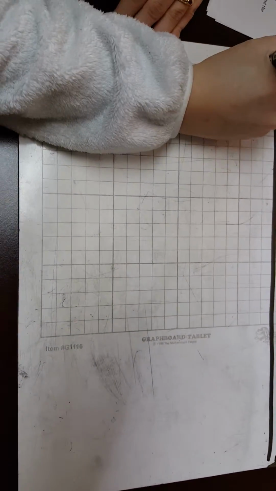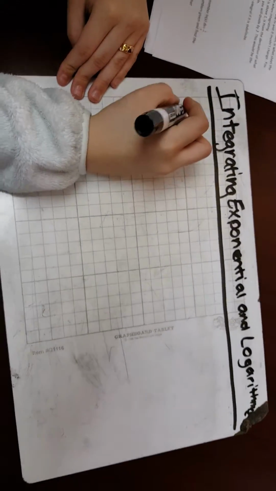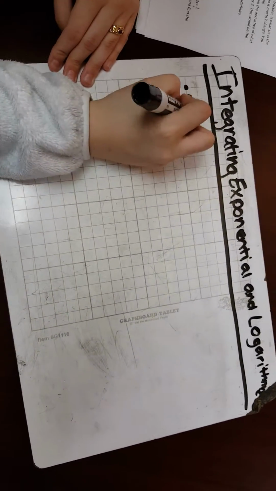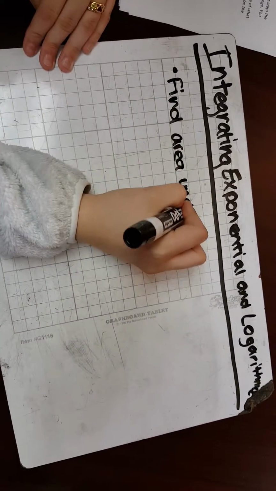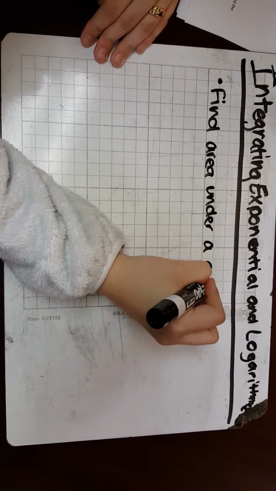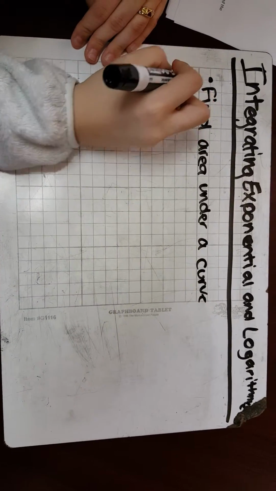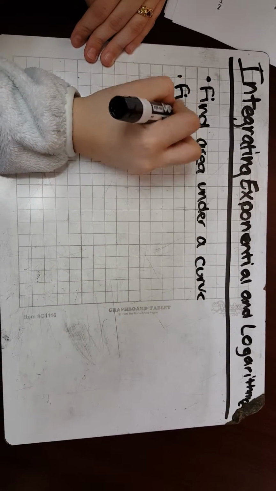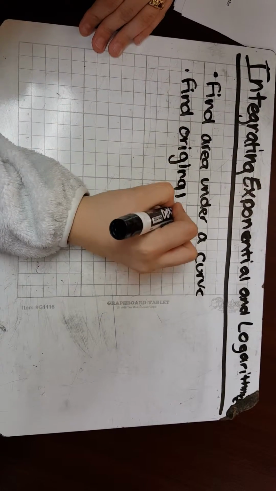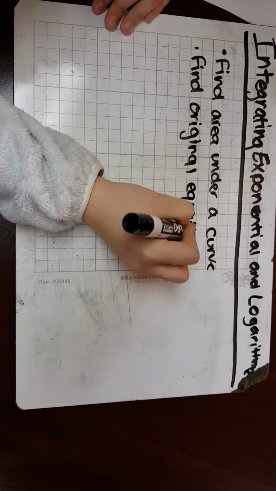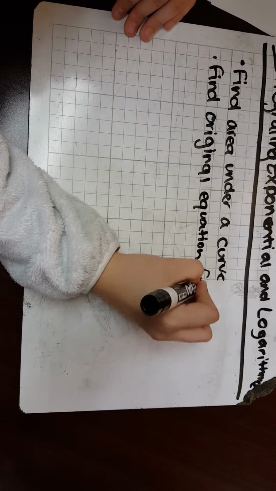Okay? So what does this mean? Or what can you use integration for? You will see when you need to integrate, when you need to find the area under a curve, when you want to find the original equation from the derivative given.